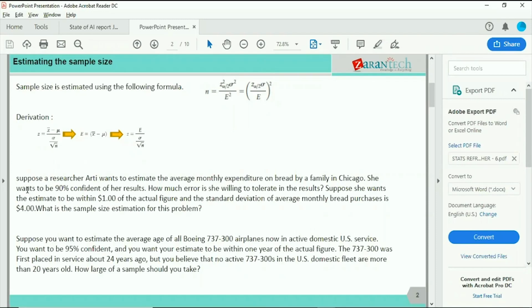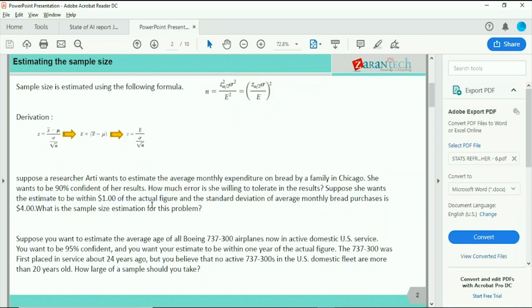Correct? When you express standard deviation in regular English, it comes out something like that, that the estimate should be within $1 of the actual figure.